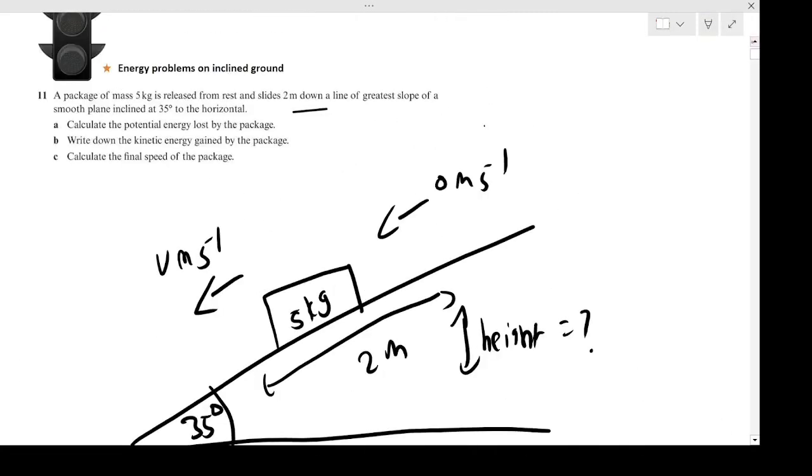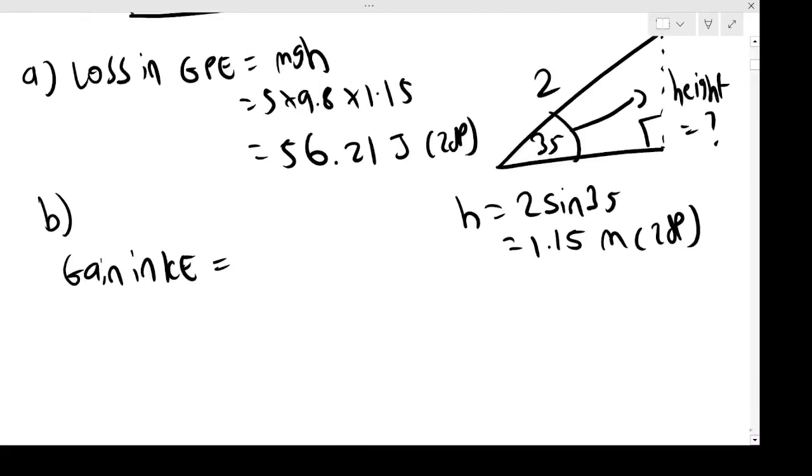There's no friction mentioned, no driving force. It's just moving down due to its weight, due to gravity. So it's just conservation of energy. Because we're losing GPE, it has to match the gain in the kinetic energy.